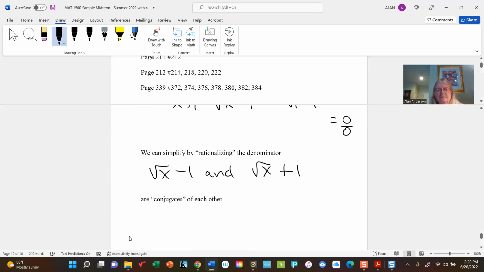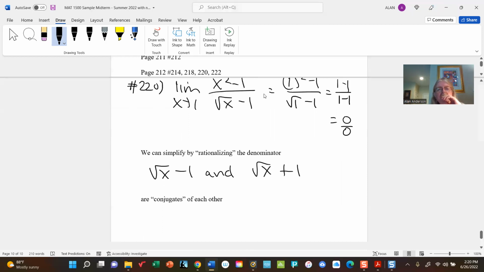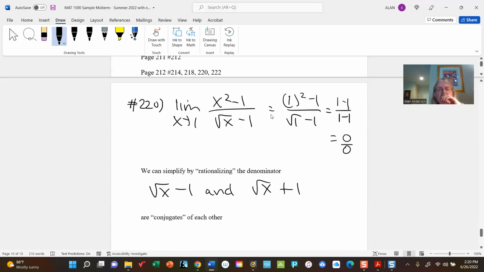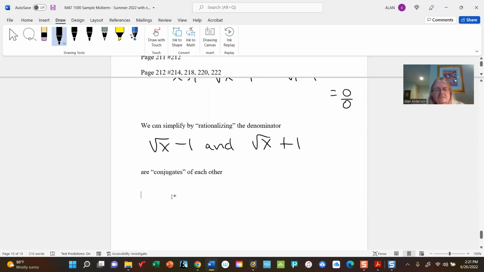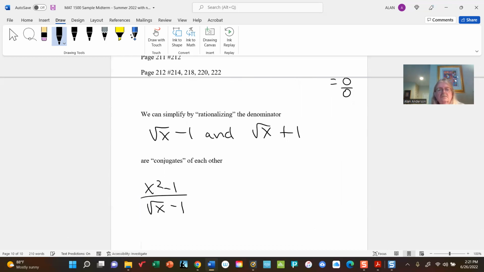So here's what we're going to do. We'll take this expression and multiply it by radical x plus 1 over radical x plus 1.